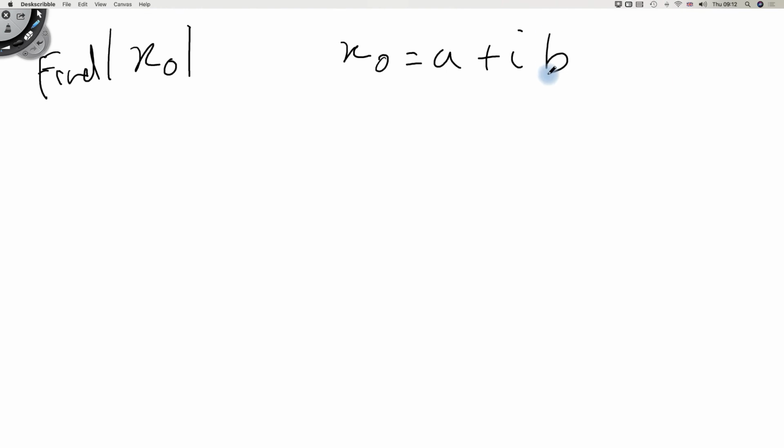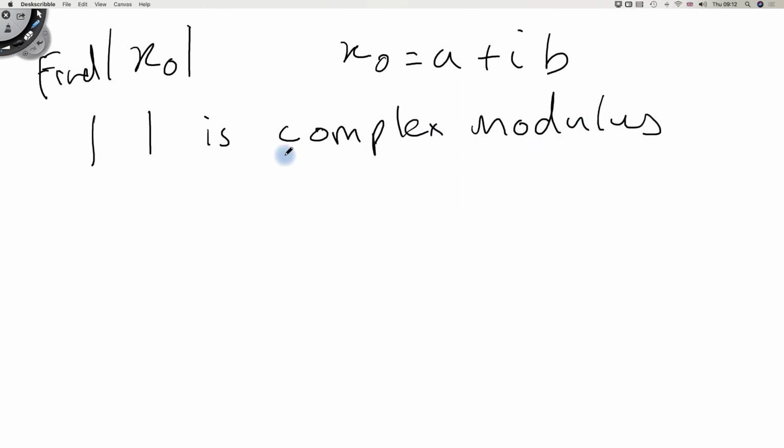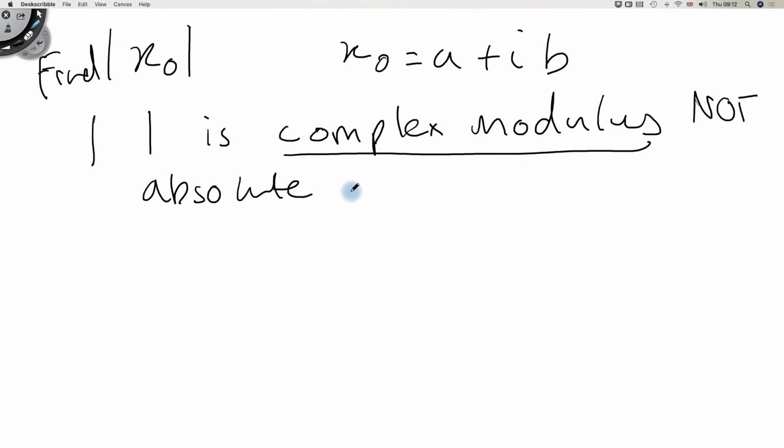So this is the first thing to remember. We're going to find the complex modulus of x0, where x0 is a plus ib. Remember, those vertical bars denote a complex modulus, not an absolute value, because it's not real.